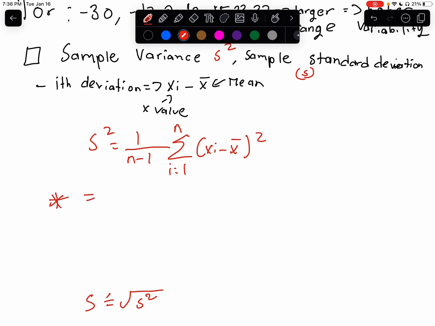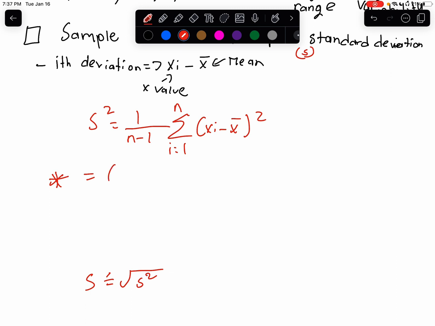This one's a little bit easier to explain. We have x1 minus the mean squared plus x2 minus the mean squared, and then we can determine this with all the values of x, up to xn minus the mean squared.